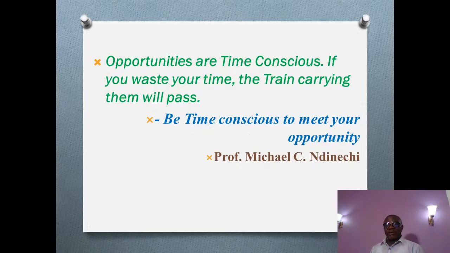For instance, if you're having an exam to face and you have things to read to prepare for that exam, it is an opportunity to meet what will help you to do the exam. But if you are delaying, keeping it later, you will see that by the time you are coming, that opportunity has passed and you will not be able to get it again.